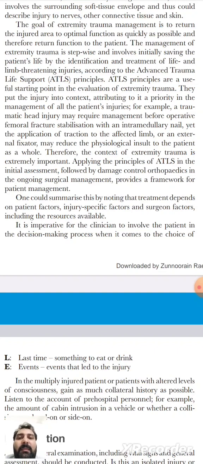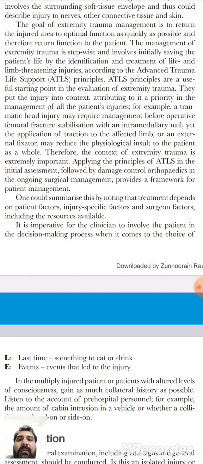Those affecting the vascular supply of the limb. For example, thrombosis of the popliteal artery can cause gangrene of the calf and foot and can result in amputation. That is a limb-threatening injury. Life is more important than limb. First life, then limb.